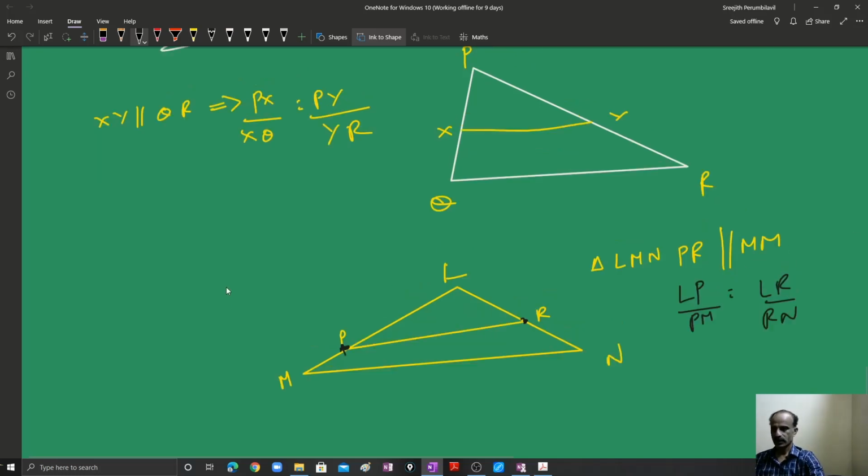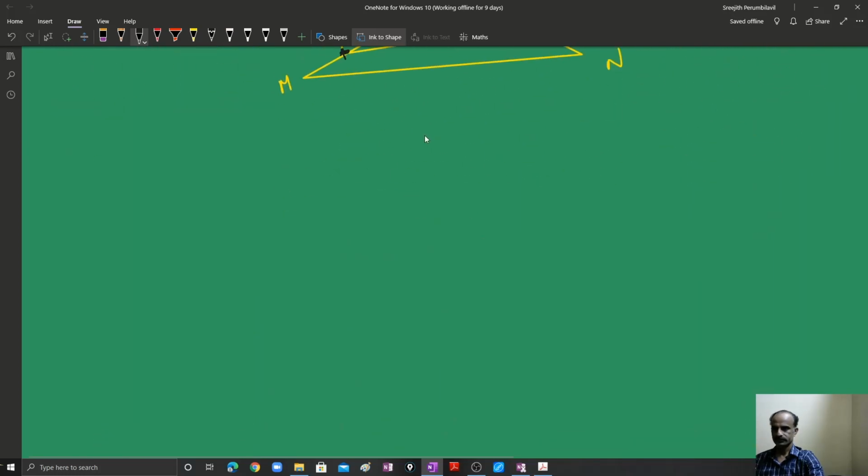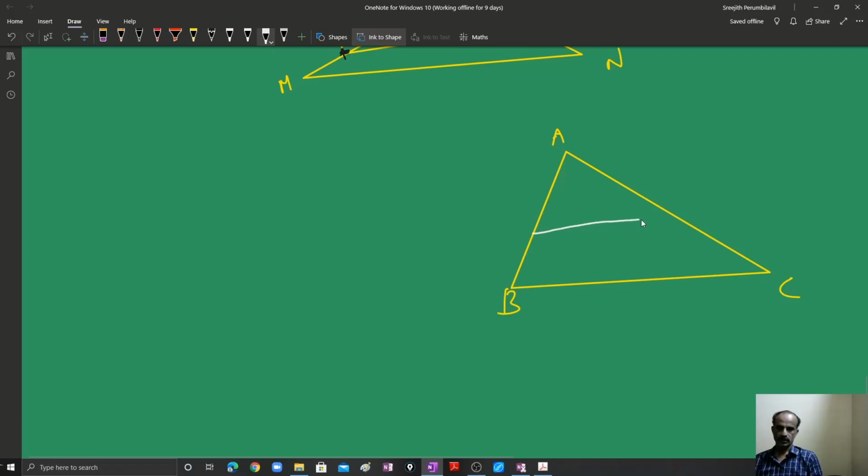Now we come back to the original figure. The original figure was somewhat like this. In triangle ABC, DE is parallel to BC.